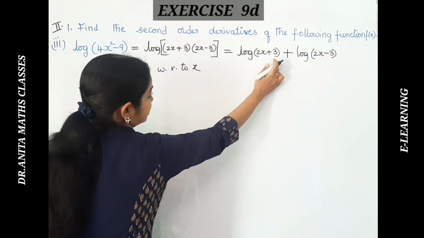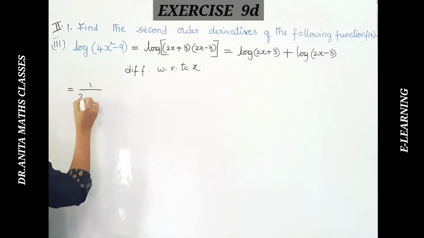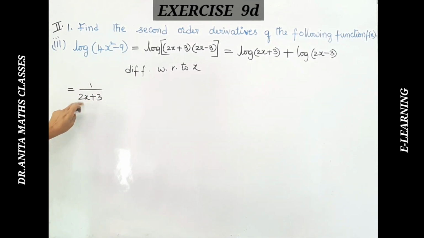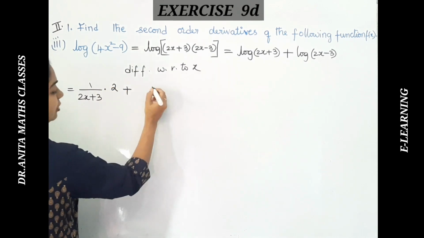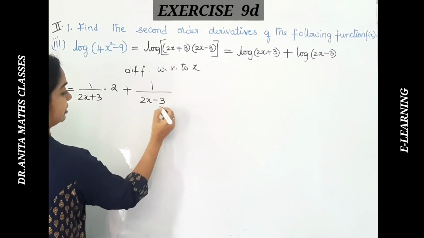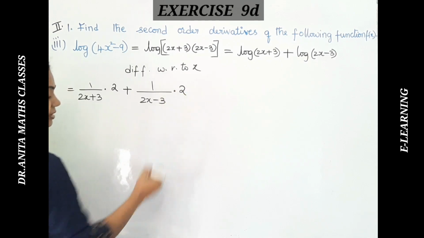So we will differentiate this one. So log function differentiation is 1 upon 2x plus 3. Again, according to the chain rule, 2x if you differentiate, it becomes multiplied by 2 here, plus again log function 1 by 2x minus 3, again here multiplied by 2. Right.